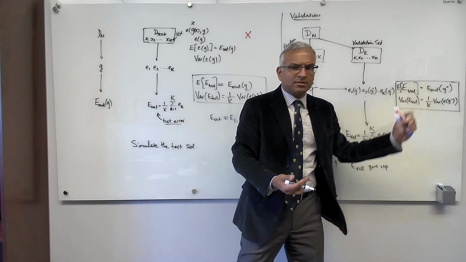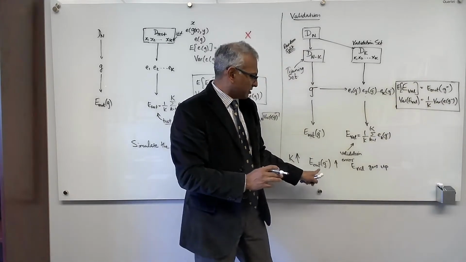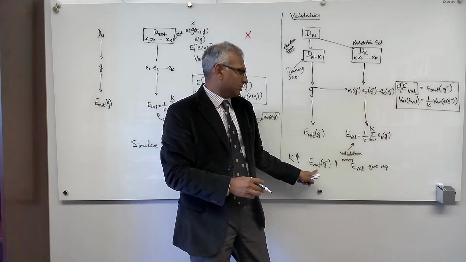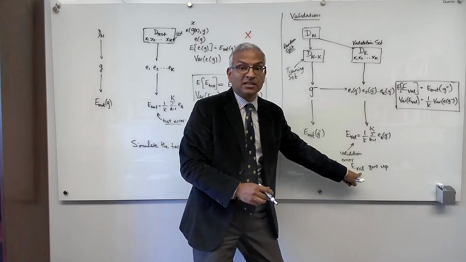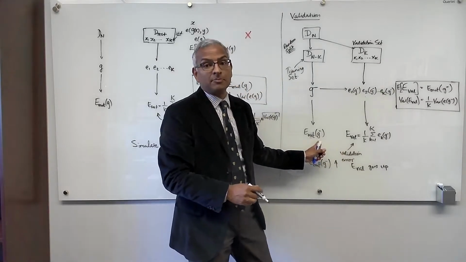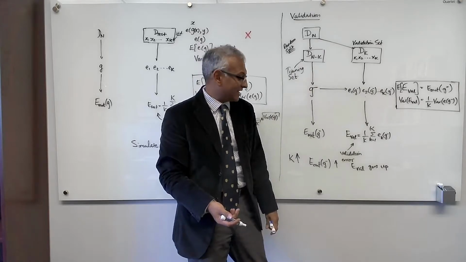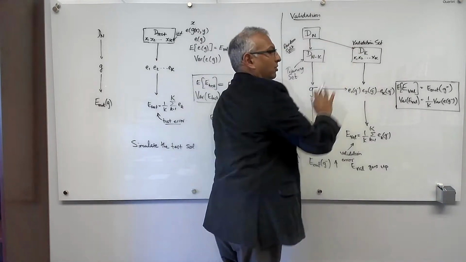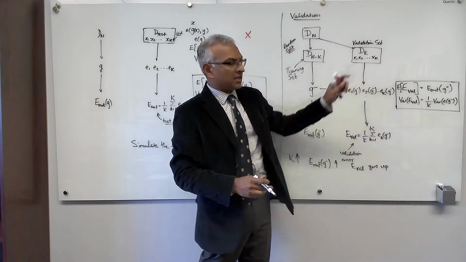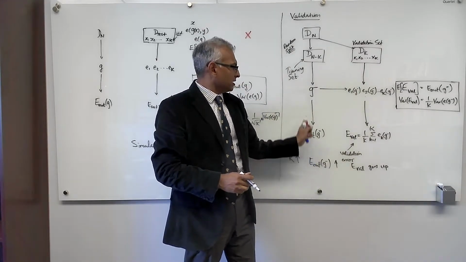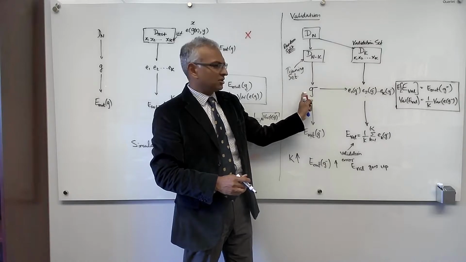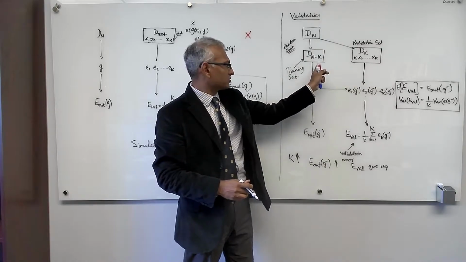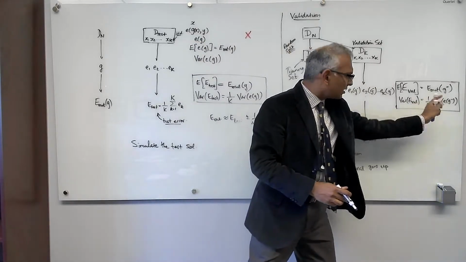Yes, you might get a better estimate of the E out, but it's a better estimate of a bad quantity. You'll basically be saying this is a hopeless hypothesis because you've trained on less and less data. So there's a trade-off. You can't just throw data into the validation set. You're going to pay for it when it comes time to pick the deficient hypothesis, because you're picking on the basis of fewer data.